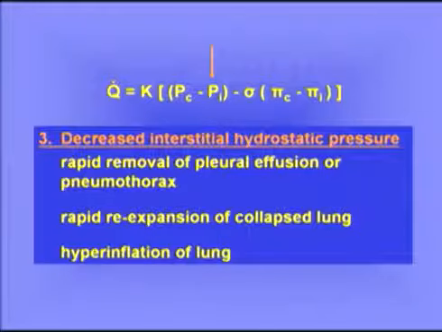Another possible cause is a decreased interstitial hydrostatic pressure. Now, whether that is really the cause or not is a little bit iffy, but it is certainly true that if you have a long-standing pleural effusion or a pneumothorax where the lung is collapsed at a very low volume and you rapidly expand it, you can get edema on that side. And this is a unilateral pulmonary edema, very unusual.